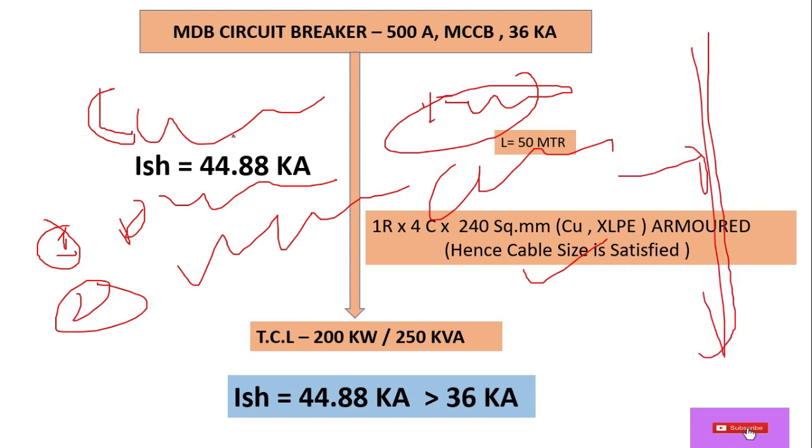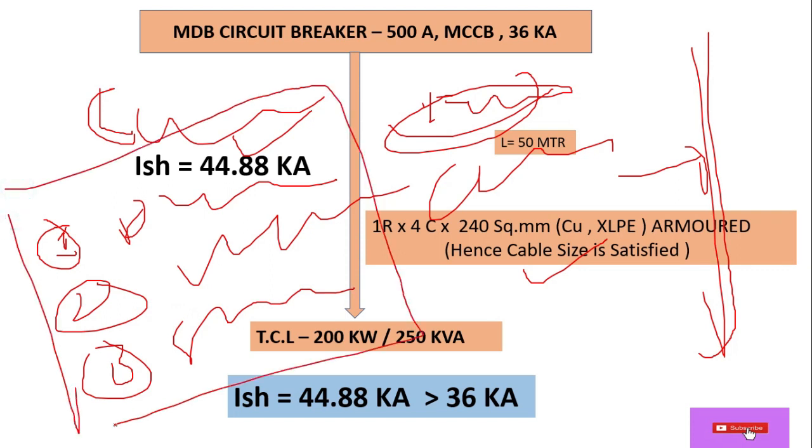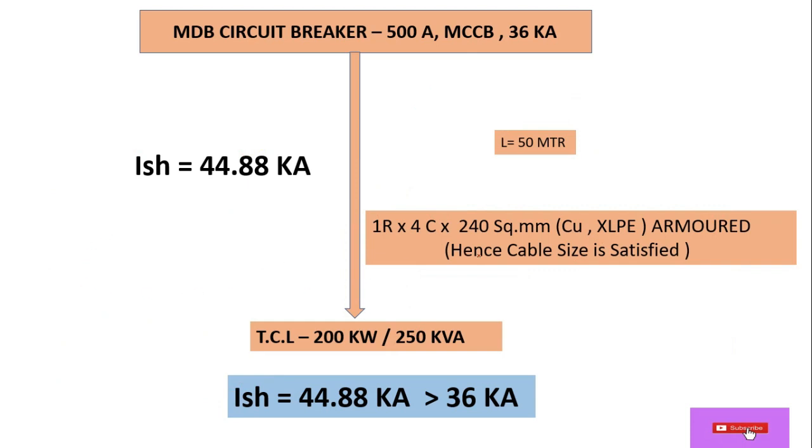So you cannot go for full load current alone, we also have to check the short circuit current. So this many parameters we have to consider, and make sure whether this cable size is satisfying or not. Hope you guys understand how to calculate the cable size considering the short circuit current.